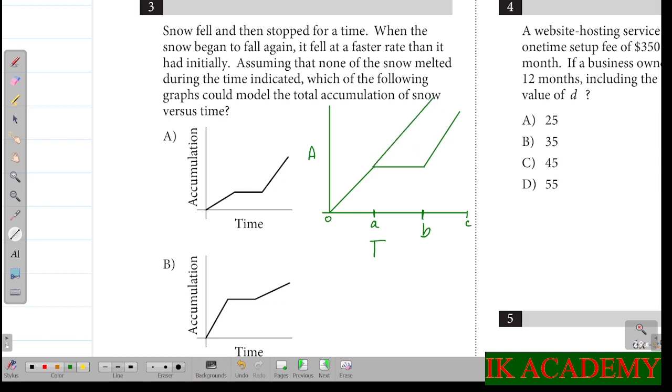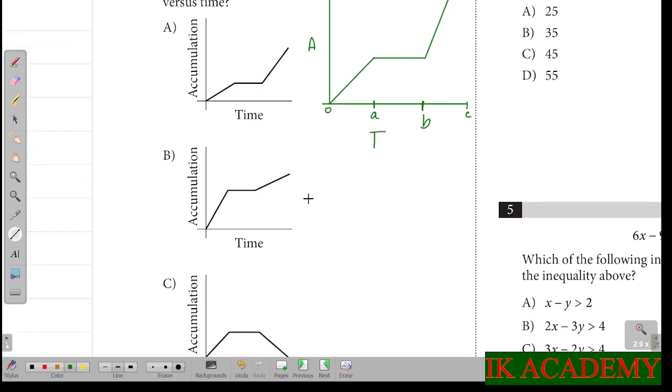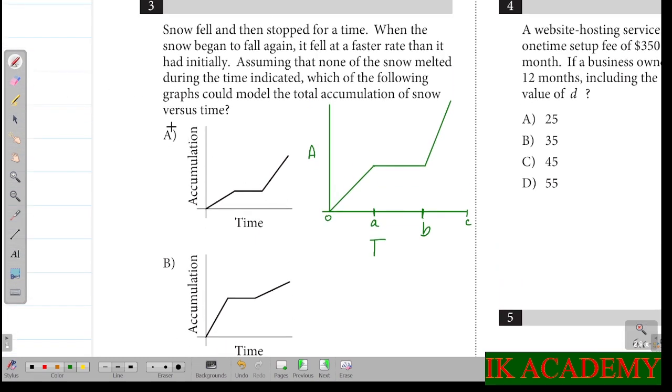I think I have made it correctly, or if I made a little more inclination here, I can make it steeper. So by looking at the graph which I have made, option A is the correct option according to the solution.